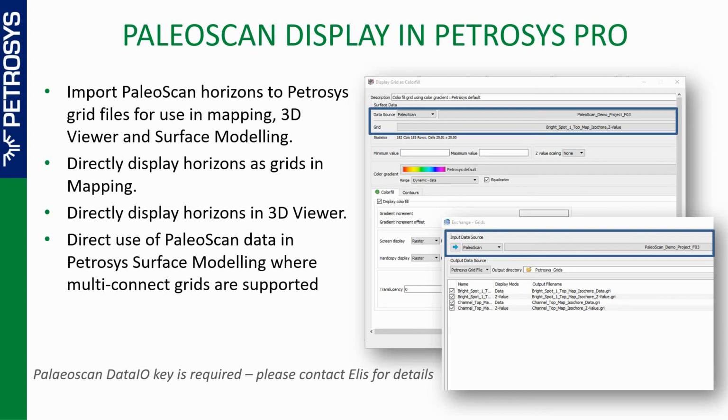We can display them as well in the 3D viewer, and we can also use the Paleoscan grid in surface modeling as an input to create additional grids. So I'll show you quickly how that works when we get to the demo. Please note that a Paleoscan data IO key is required. For more information about this model, you need to contact Eliis, and they will be able to provide details about this one.